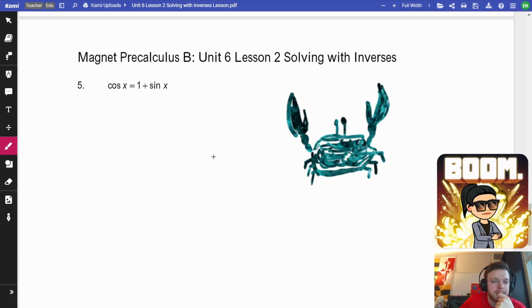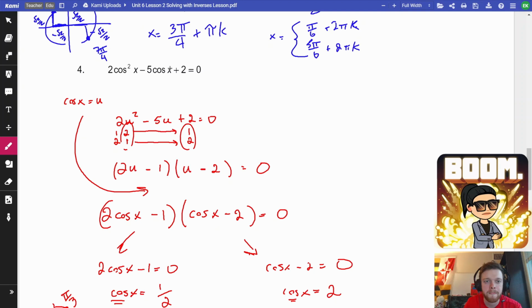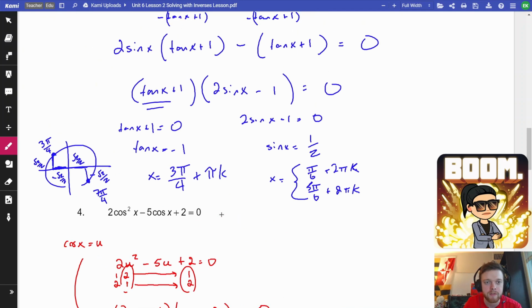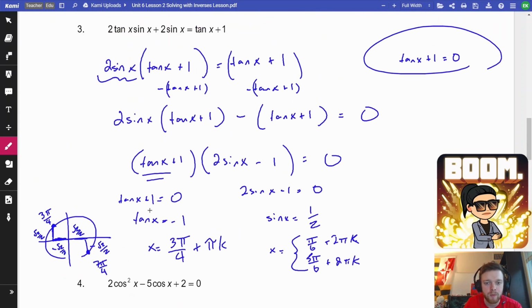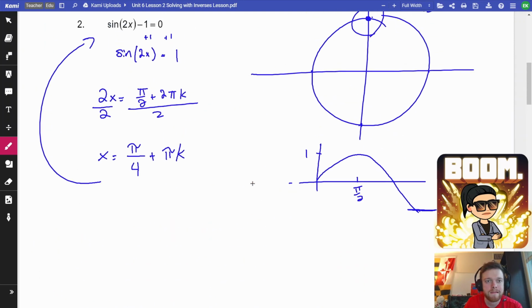Here's the problem, I need to get a trig function by itself on the left-hand side, and I have two trig functions. Up here I also had two trig functions, but I was able to factor and then use the zero product property to get one trig function on each side of the equation by itself.